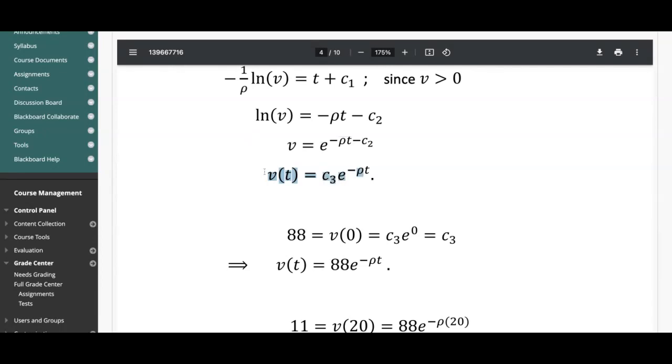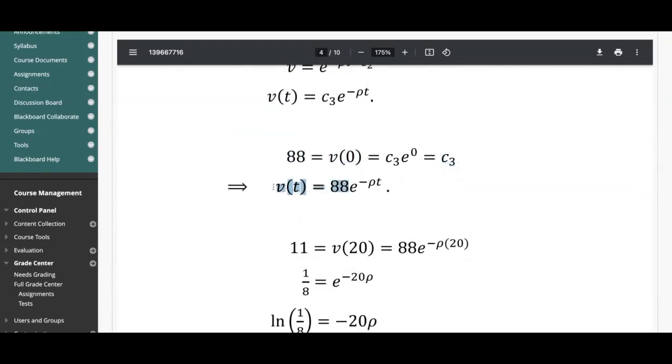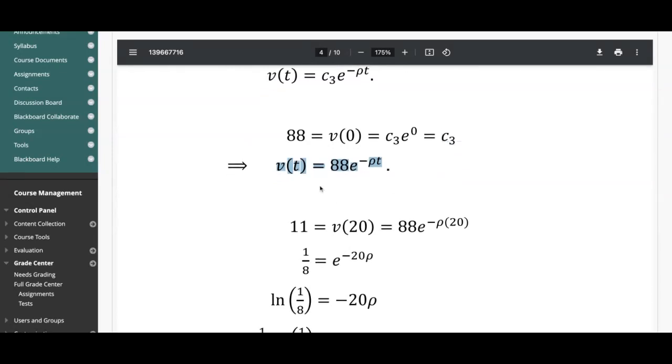Then the velocity function is such. Use the initial condition, solve for the constant, and put the constant back into the velocity function.